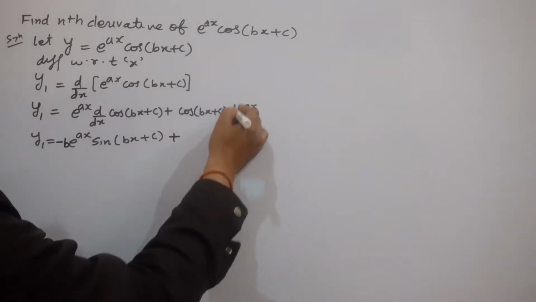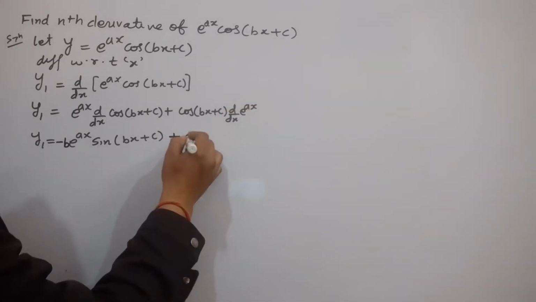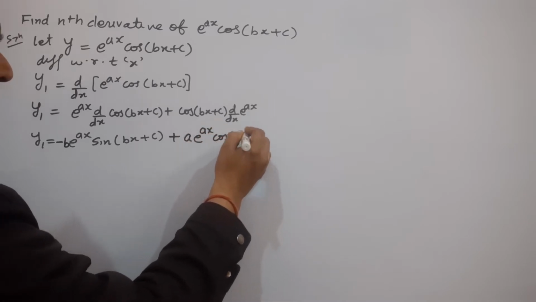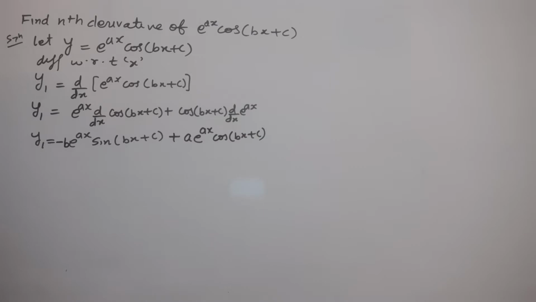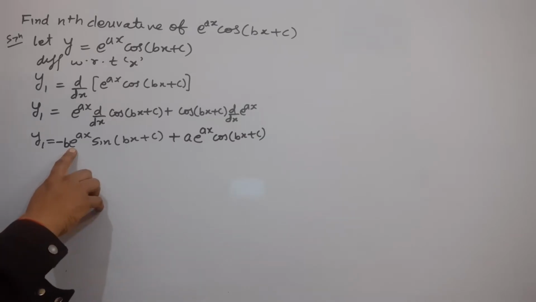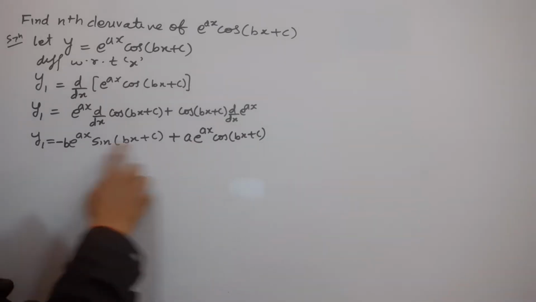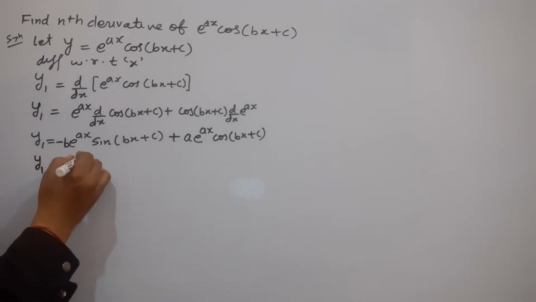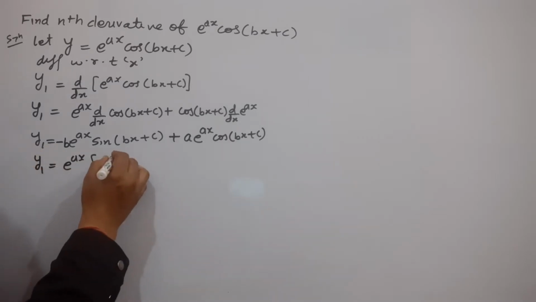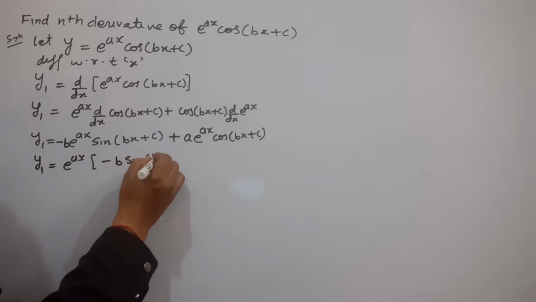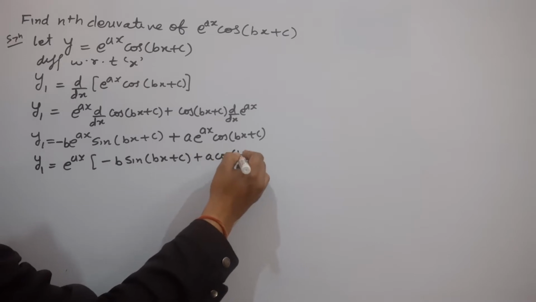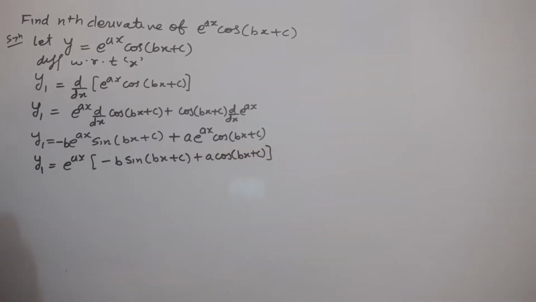Similarly, when we differentiate e to the power ax, we get a e to the power ax cos(bx + c). Now taking e to the power ax common in both the terms, we get y1 is equal to e to the power ax times [minus b sin(bx + c) plus a cos(bx + c)].